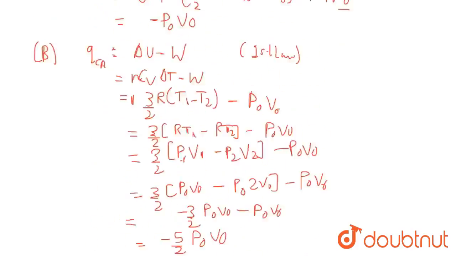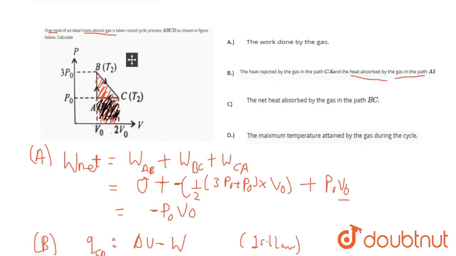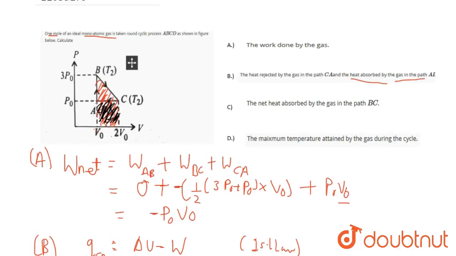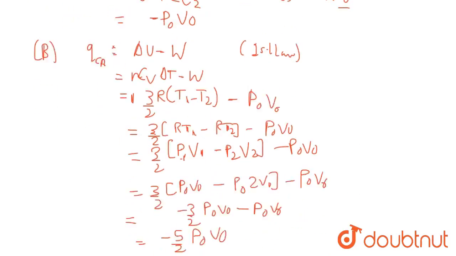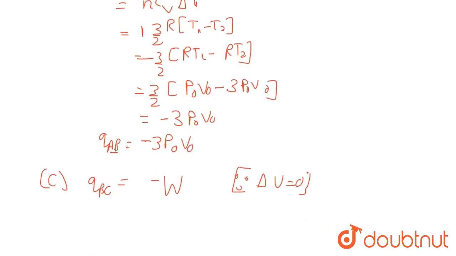And clearly when you move from B to C, the area under the curve will give you the work done, and we have already calculated the work done in path BC here, that is minus 2 P0 V0. So if you put that here, minus minus becomes positive. QBC is 2 P0 V0.